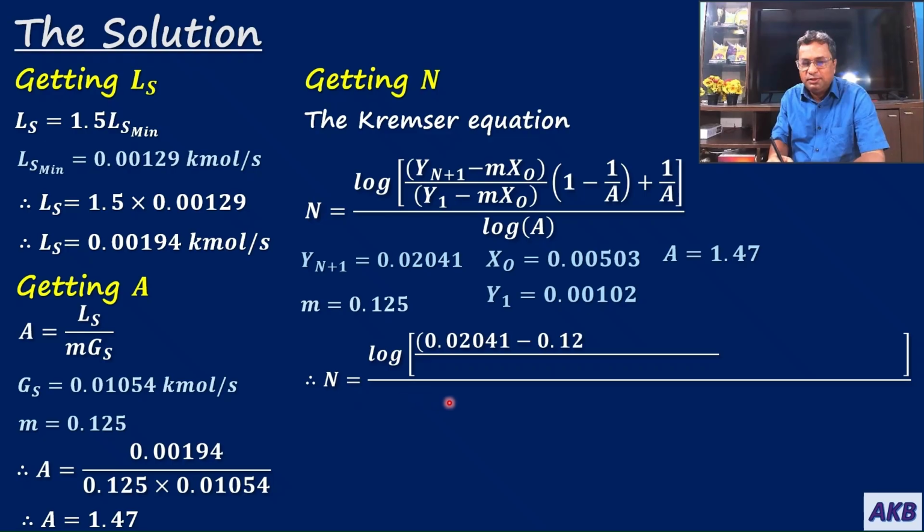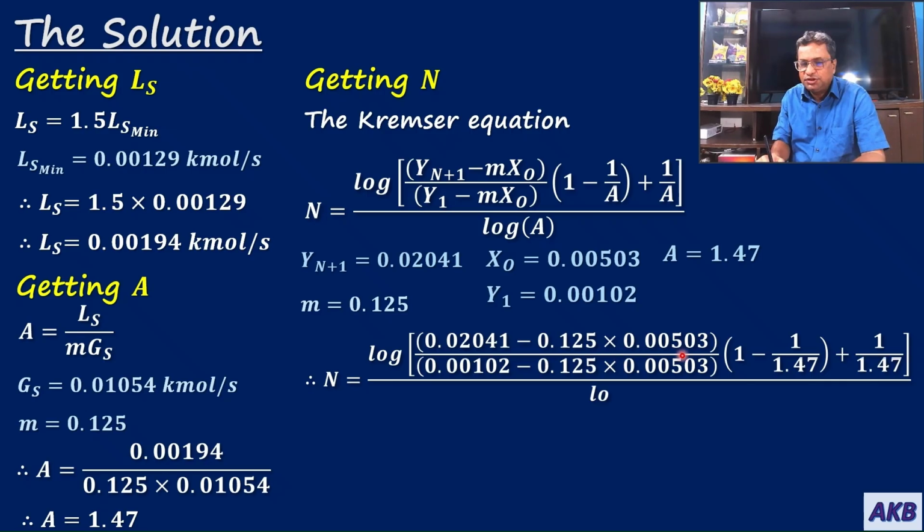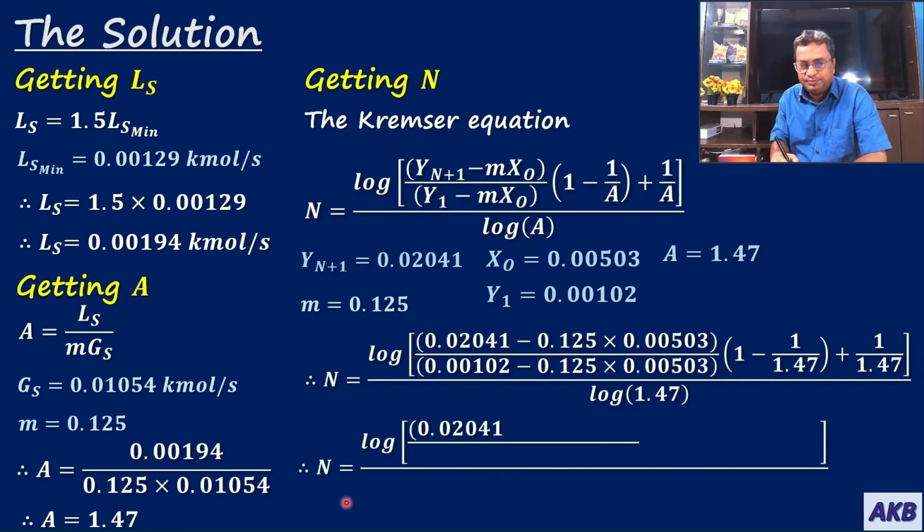Therefore, N will be equal to log of 0.02041 minus 0.125 into 0.00503 divided by 0.00102 minus 0.125 into 0.00503, into 1 minus 1 upon 1.47, plus 1 upon 1.47, divided by log of 1.47.